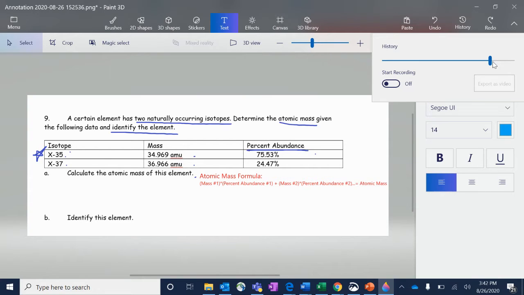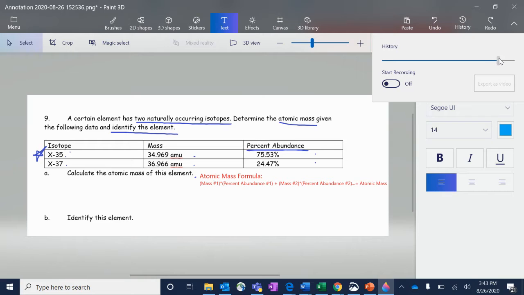So it's much more likely that if you were to pull a random atom of element X, it would have a mass of 35 than a mass of 37. So we have a special formula to help us do the math that takes into account the fact that there's so many more atoms of X35 than X37.